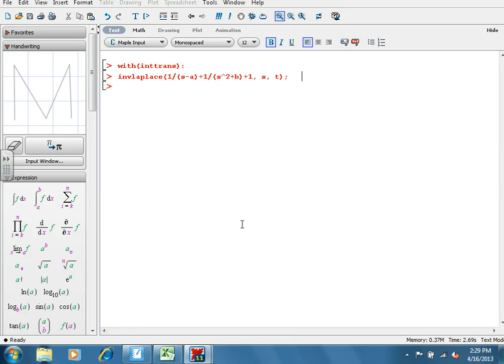3s minus 4. Parentheses, 3s minus 4 close parentheses divided by s. Better put another set of parentheses in.